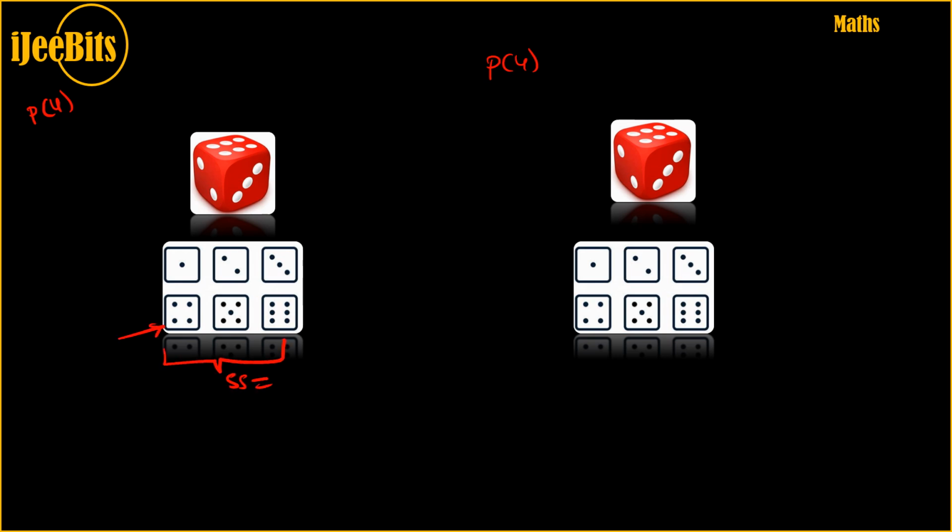My sample space has 6, my favorable event is 1. So the probability of getting 4 is favorable outcomes 1 divided by total outcomes 6, so 1 by 6. For the second die, what is my probability of getting 4? This is similar: 1, but my sample space is 6, and hence 1 by 6.